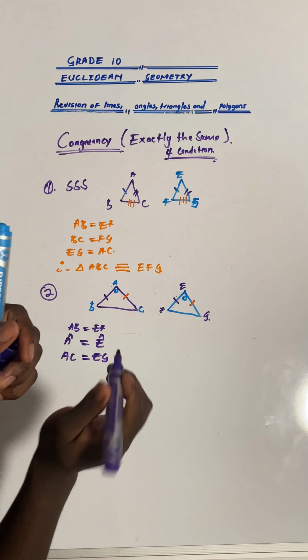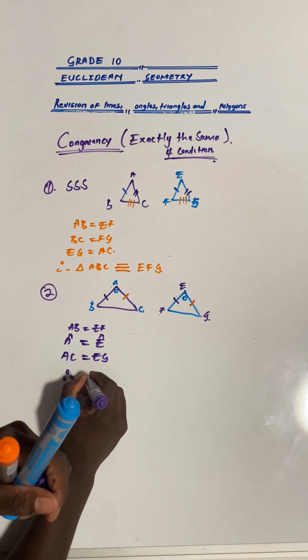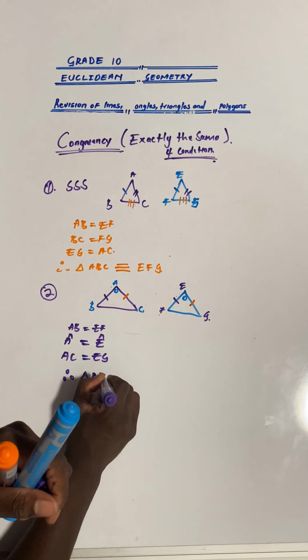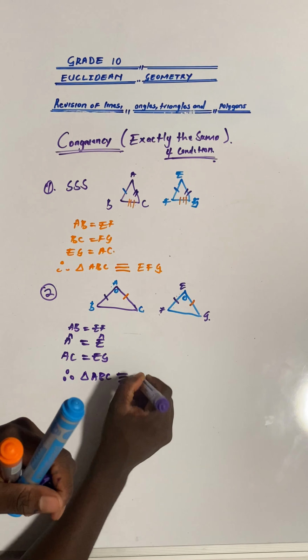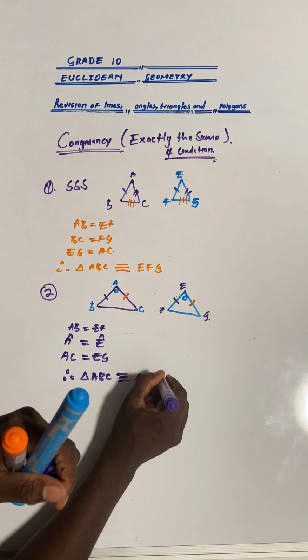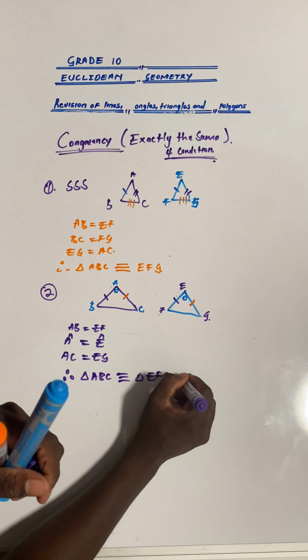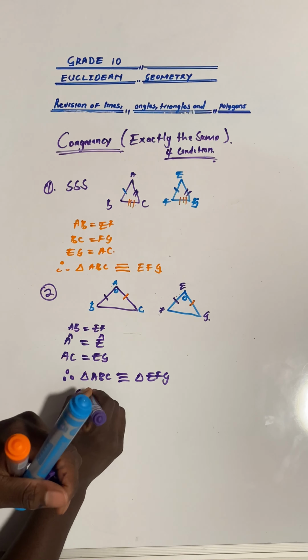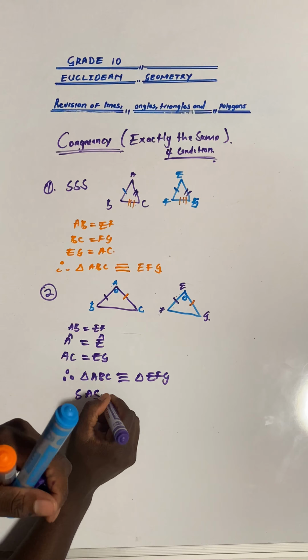And if that is true, therefore we are allowed to say, therefore triangle ABC is congruent to triangle what? EFG. Why? Because it's side, angle, side.